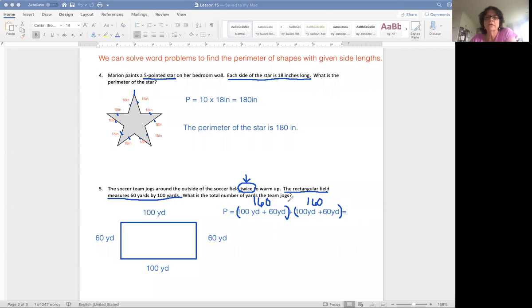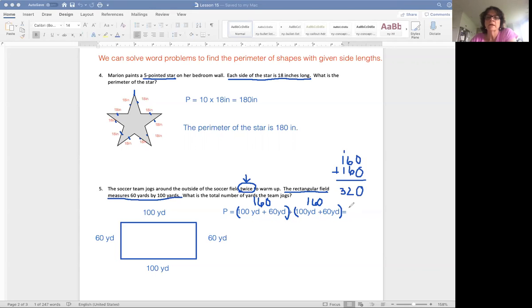So now I've got 160 plus 160, and I can show my work with an algorithm if I need to. Remember, algorithm, you're adding the numbers vertically, different than your number sentence. And sometimes we need that to add our ones and our tens and our hundreds. And if we use the algorithm, we would get 320.